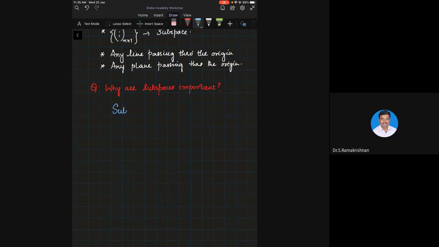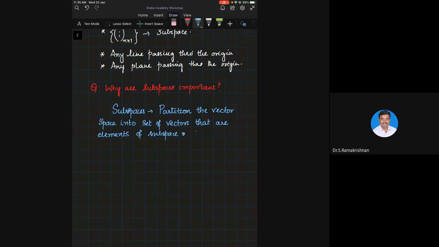So subspaces basically partition the vector space into the set of points, the set of vectors that are elements of the subspace, and the set of vectors which are not in the subspace.